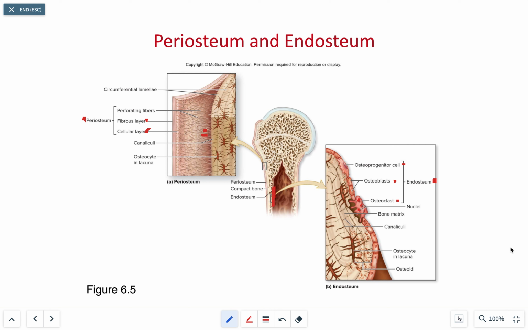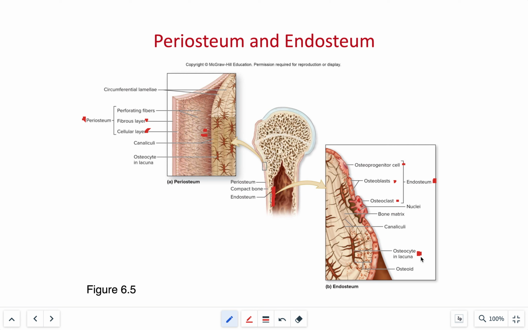And finally, there are a couple other important things we should point out in this slide. We see an osteocyte here. This is a mature bone cell. It accounts for most of the cellular population within the bone.